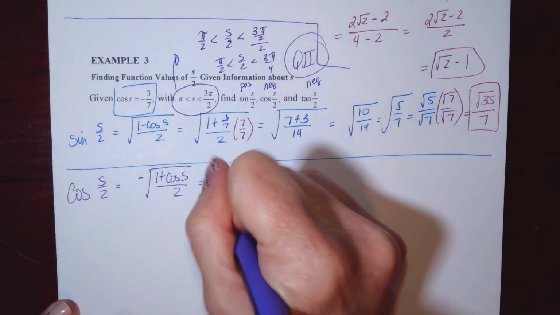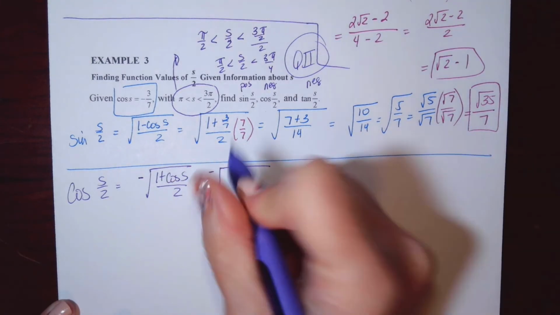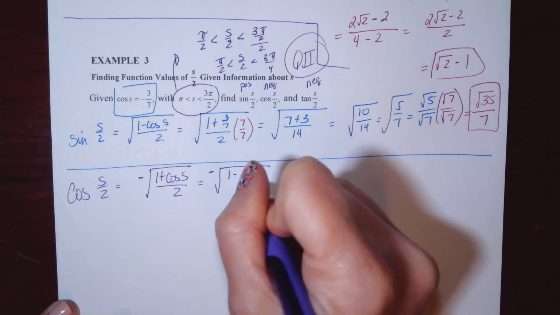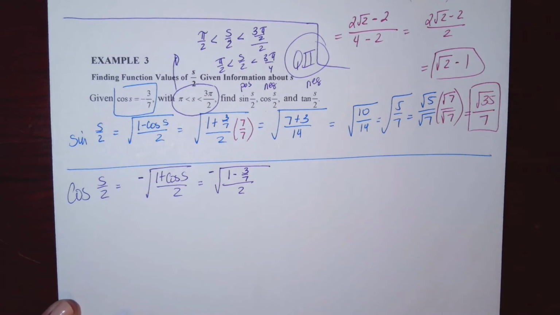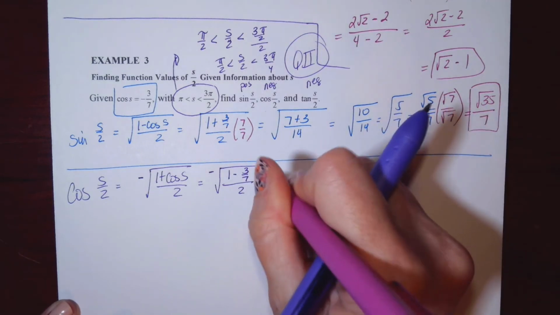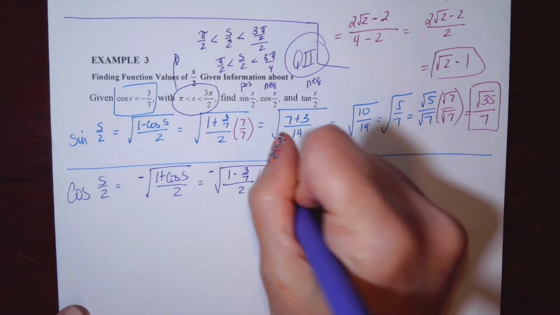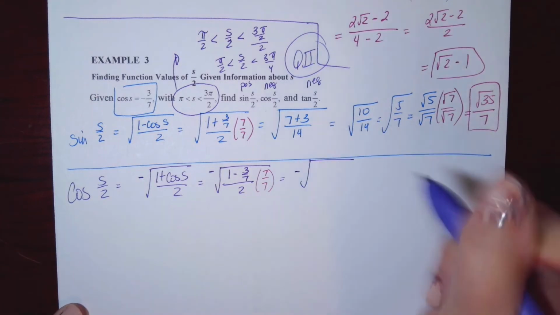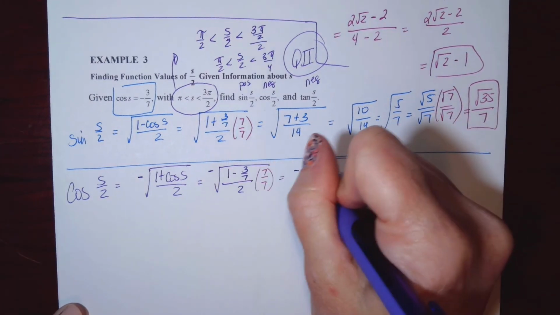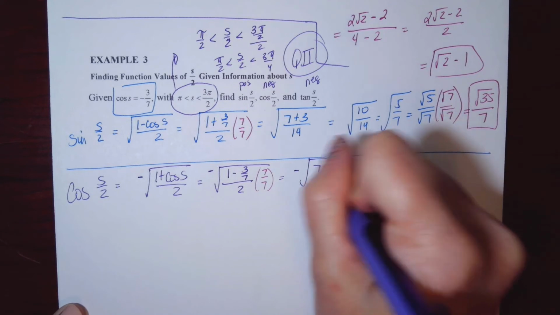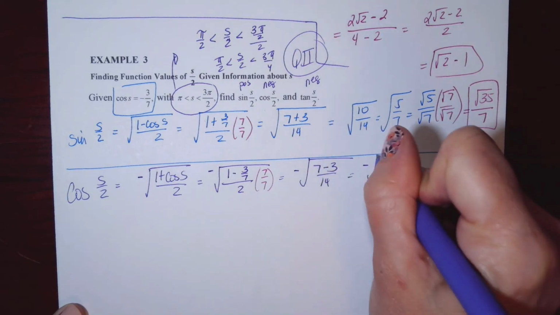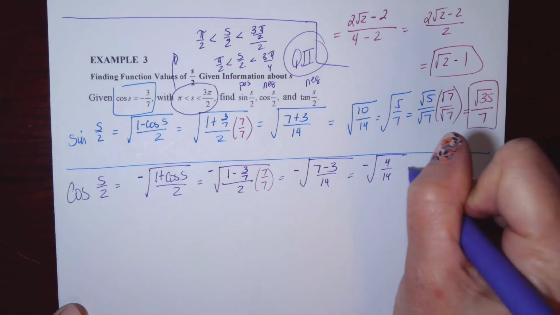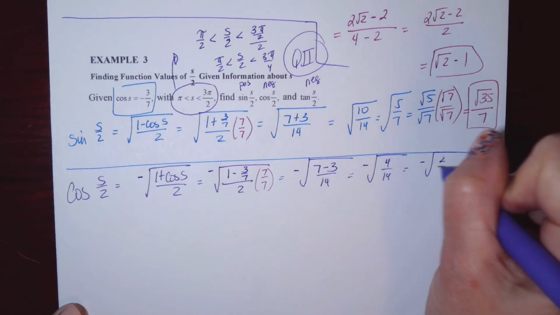So now I have a negative square root of 1 minus 3 over 7 over 2. I've got to do that same little step where I clear out that internal fraction by using that well-chosen 1. So now I've got a negative 7 minus 3 over 14, which gives me a negative 4 over 14, which is a negative 2/7.